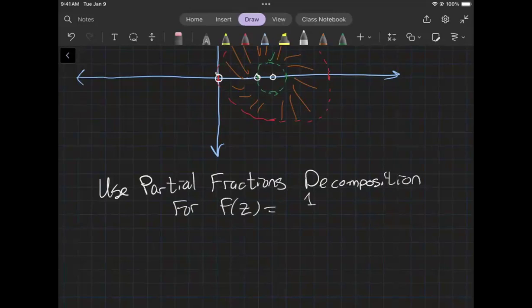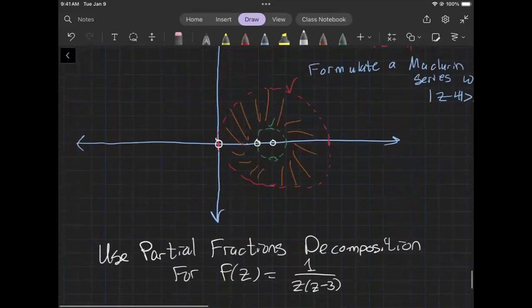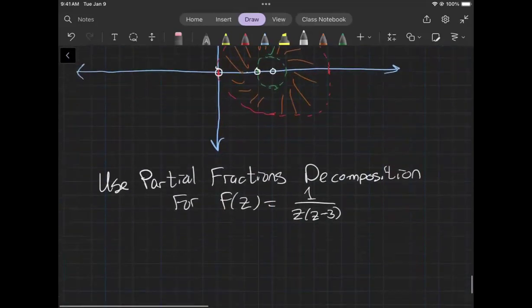For f of z equals 1 over z times z minus 3. Okay, so on the smaller circle, we know that it's analytic, not at z equals 3.